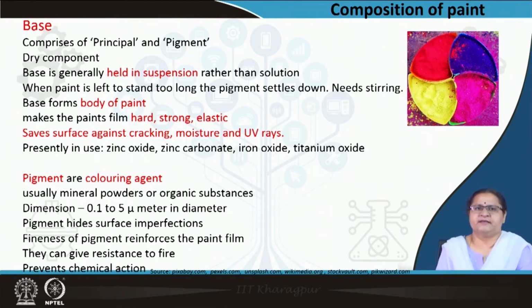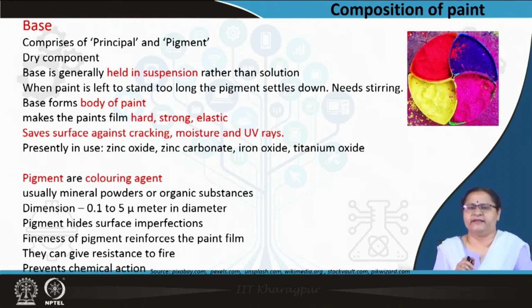So, base, obviously as I told you in the previous slide, should be cheap, and here I had mentioned this when we did non-ferrous metals. Lead oxide was extensively used as base, which kept the cost of paint very economical or cheap.